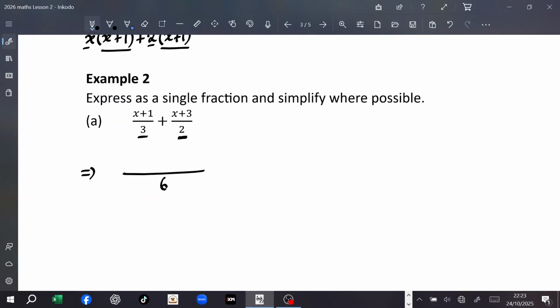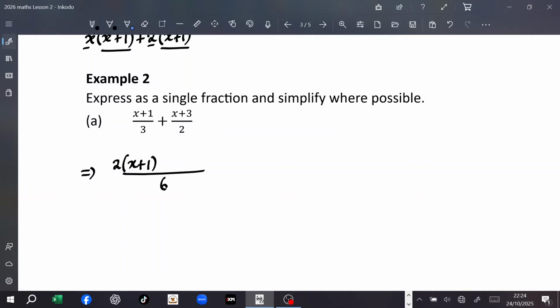Then you say 3 into 6, how many times? 2. 2 times this term on top. You just write 2 times x plus 1. You see, when I say times, I put in brackets. It means that term is times 2.